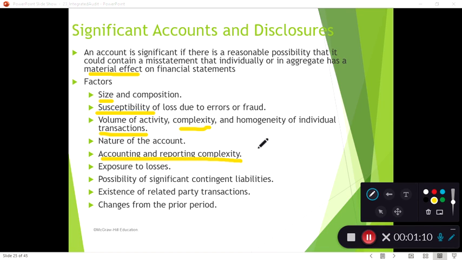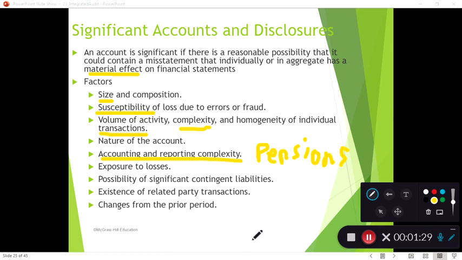Think about pensions, for example, right? There's a lot going on for pensions, and so that could result in it becoming a significant account, even if the size is not maybe as large as some of the others.